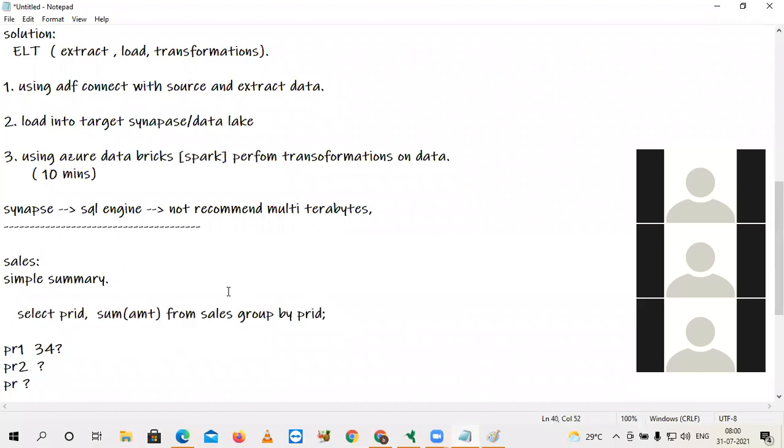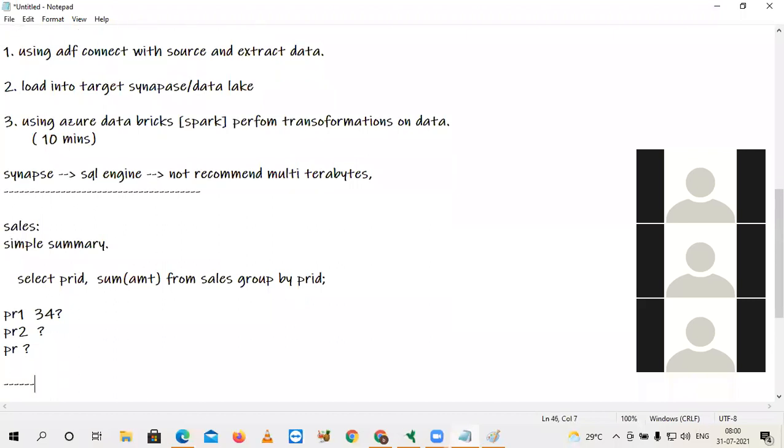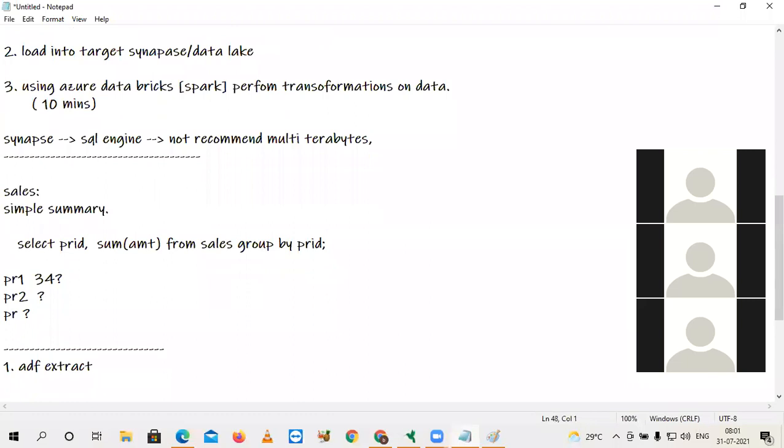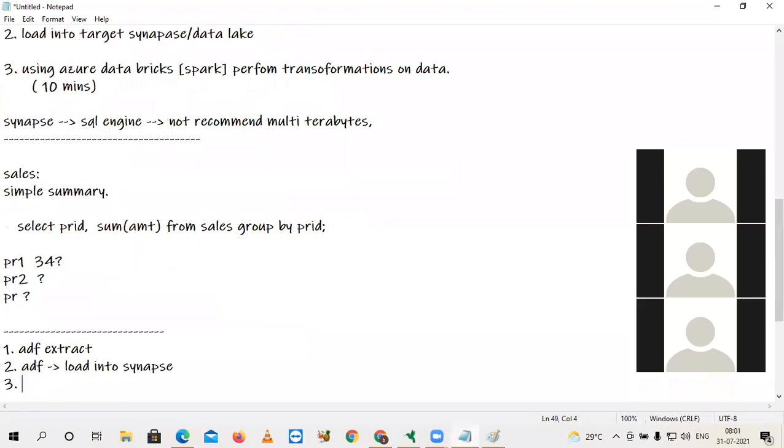Here observe, to perform this kind of visualization: number one, ADF extracts. Number two, ADF loads into Synapse. Number three, Synapse will execute the above query.